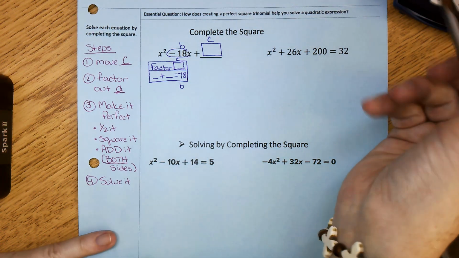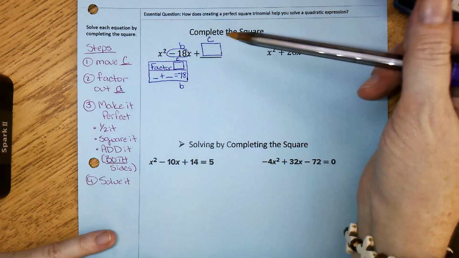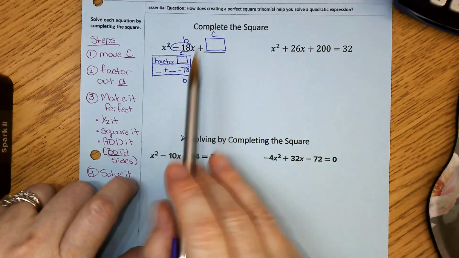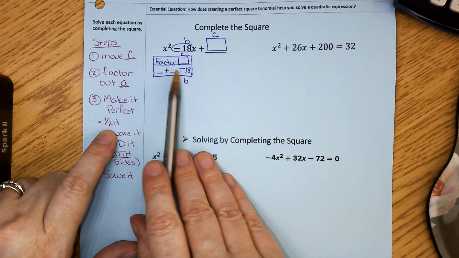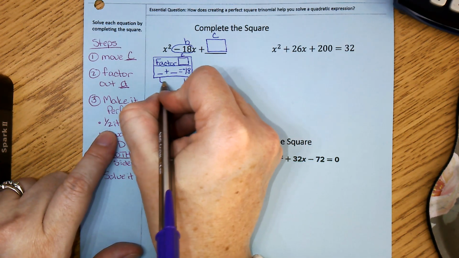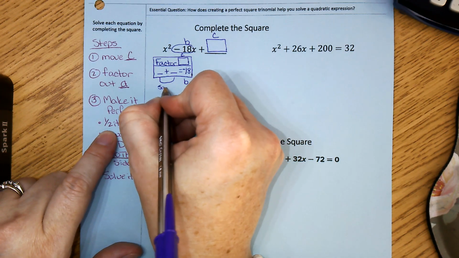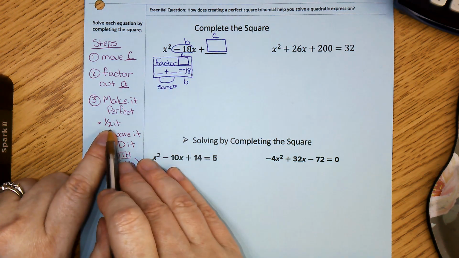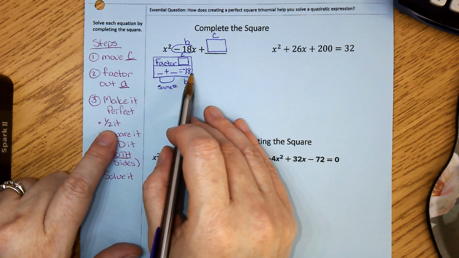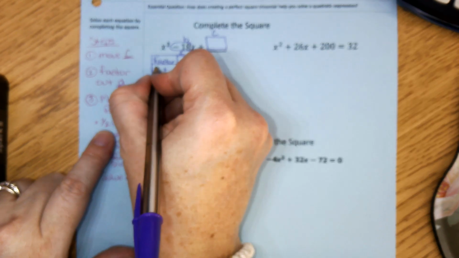Okay, so I have set up my factor rectangle. We know B. We want to find 2 numbers that are the same number that equal B. So we're going to half it. So half of negative 18 is negative 9.